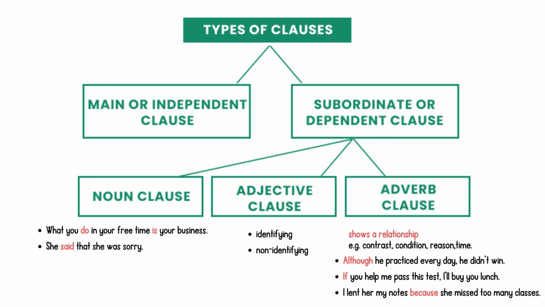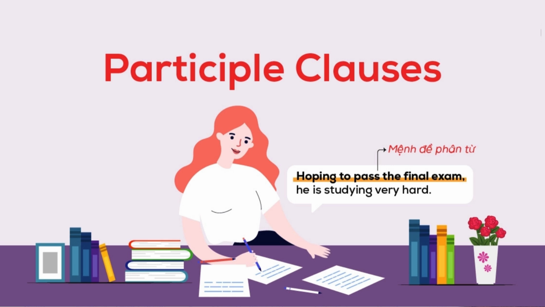I hope you understand this because this will be important to you in order to learn participle clauses. What is that? Well, we are going to see it in class. Right after the class, I will send you the video so you can review and you do not forget what a participle clause is.